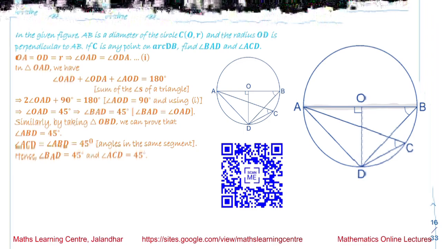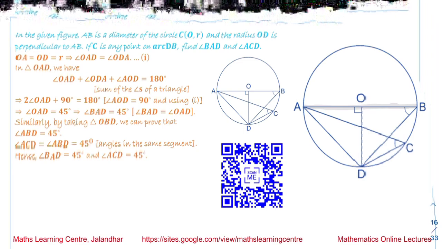So the angle on the circle is half the angle at the center, so it is greater than 180 by 2, that is 90 degrees. So the angle in a segment smaller than a semicircle is greater than a right angle.